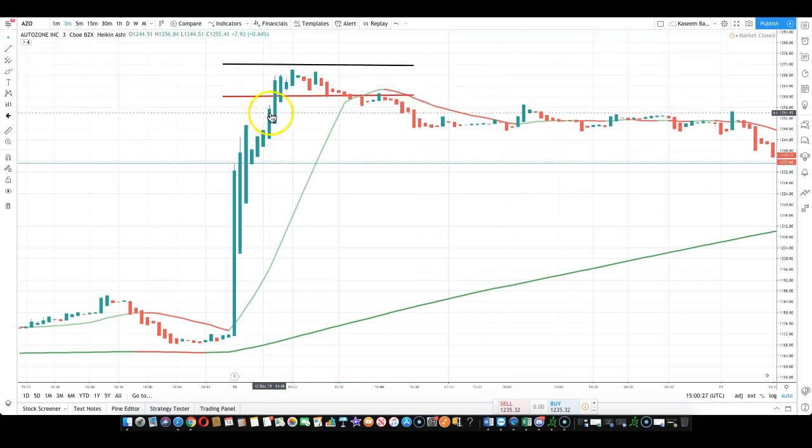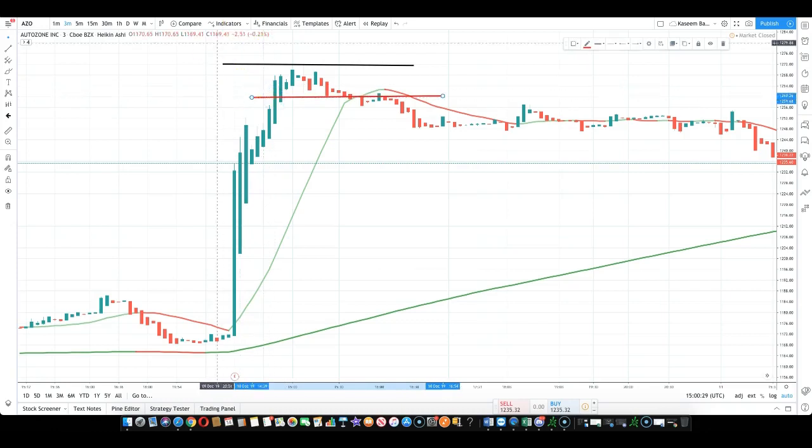Okay, so if current price, let's say we're looking here, in here I'm not placing any trade, right? I just want to see what's going on. I'm not placing any trading here. And as we can see, price broke support to the downside.